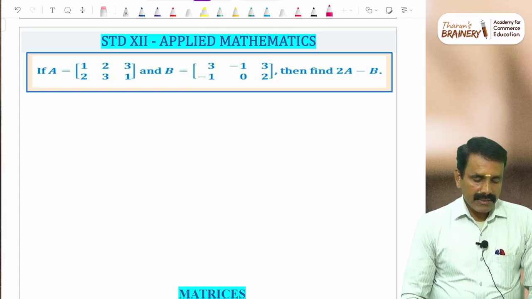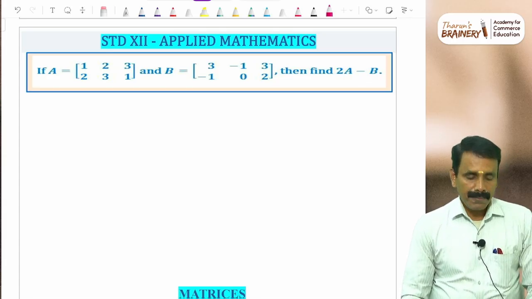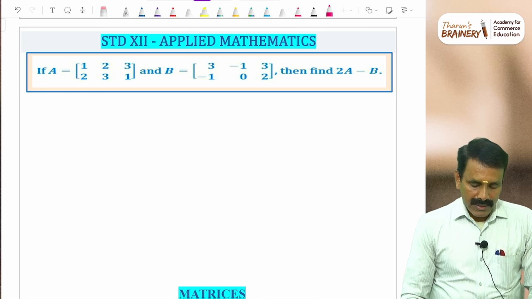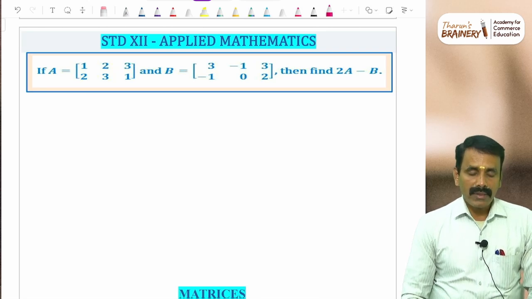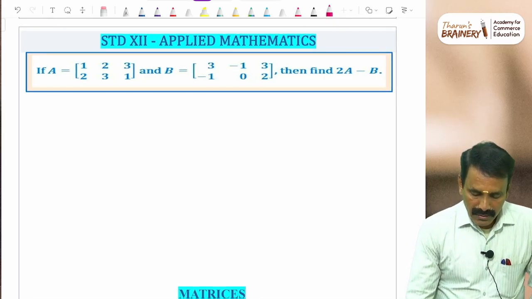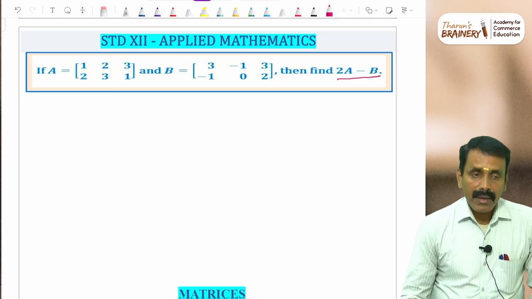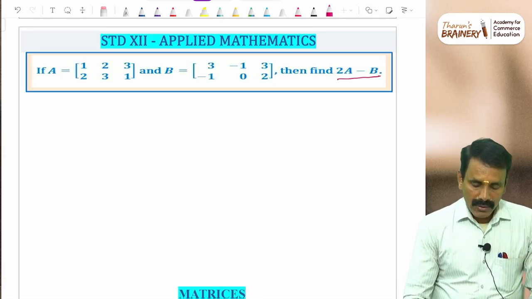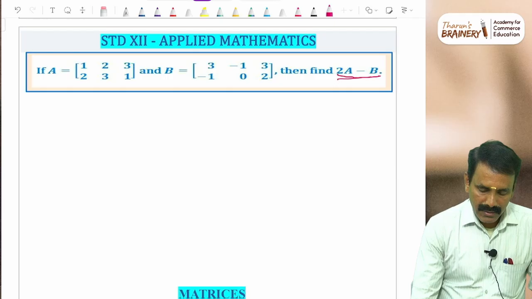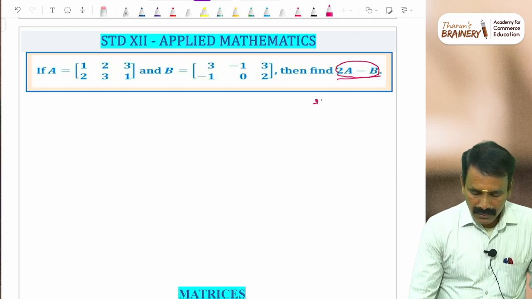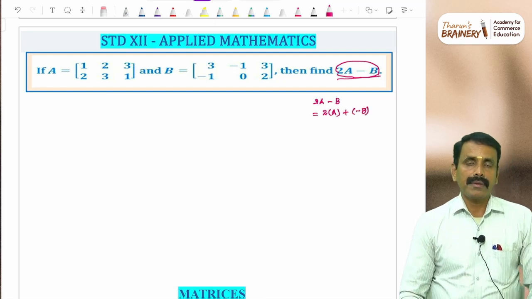If A is a matrix with entries 1, 2, 3, 2, 3, 1 and B is a matrix 3, minus 1, 3, minus 1, 0, 2, then find 2A minus B. So, what is 2A minus B actually? 2A minus B is nothing but scalar multiplication of 2 with the matrix A plus of minus B. Is it clear?